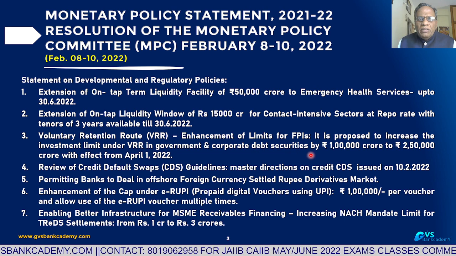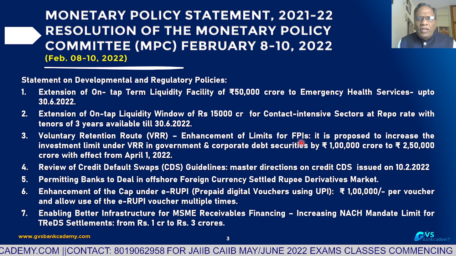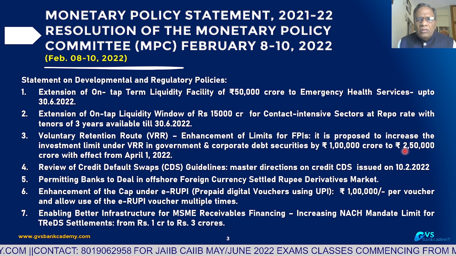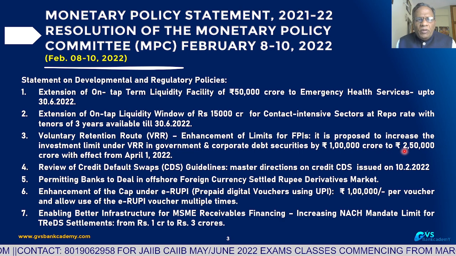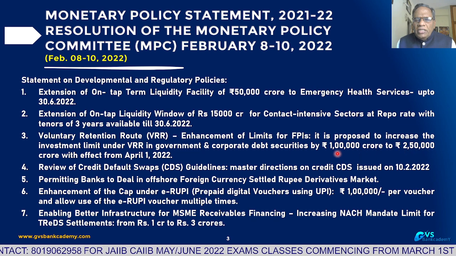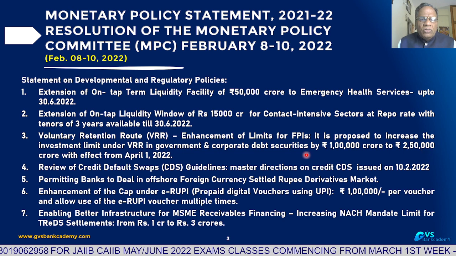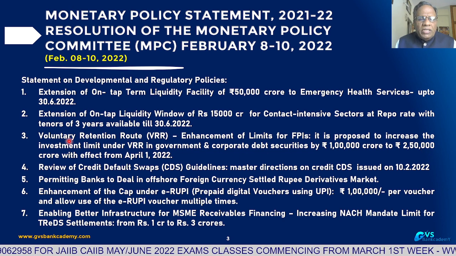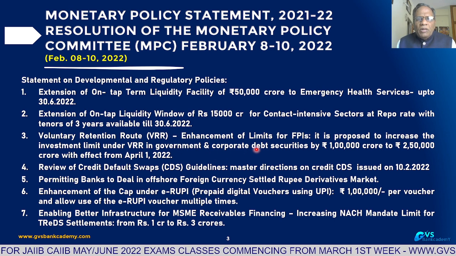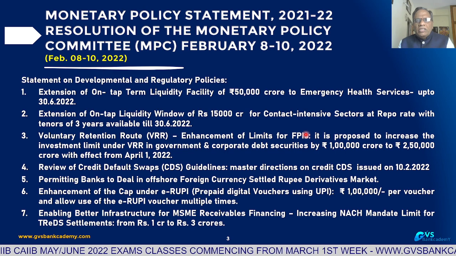Earlier, the limit was 1,50,000 crores. Now they have increased it by 1 lakh. It means 2,50,000 crores they can invest under the voluntary retention route in Government of India securities and corporate debt securities by foreign portfolio investors. That is it.